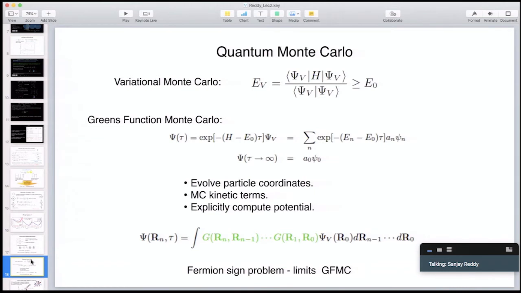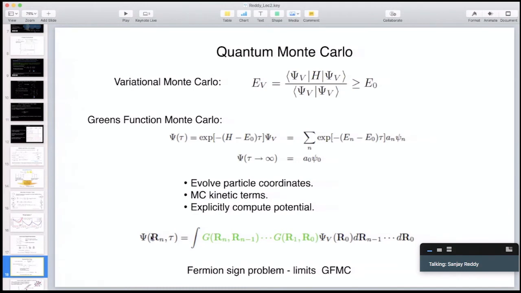And so this method is called Green's function Monte Carlo. Practically, the way you do it is you take n particles and put them in a box, each particle has a coordinate, and you move these coordinates through Monte Carlo sampling. You evolve the coordinate locations, you Monte Carlo the kinetic terms, and then you calculate explicitly the potential energy.